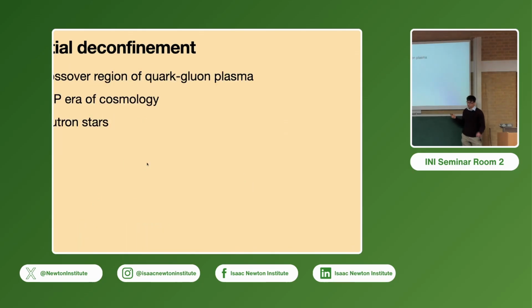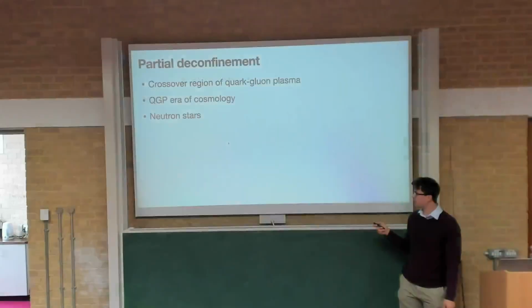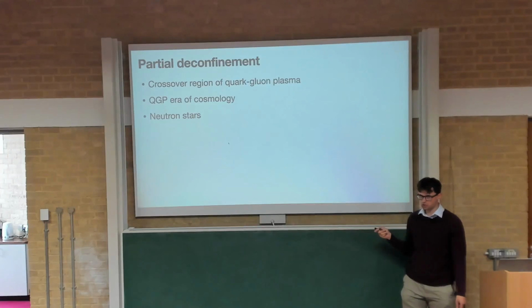The partially deconfined phase is relevant in the physics of our real world. We think that the crossover region of the quark gluon plasma could probably be understood as the partially deconfined phase, connecting the confined to the deconfined regions. It should be relevant physics when the universe was dominated by the quark gluon plasma, which happened a few milliseconds after the Big Bang, and we think it might have a role inside neutron stars as well.